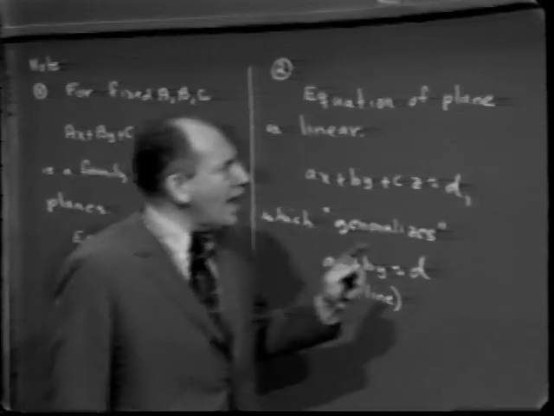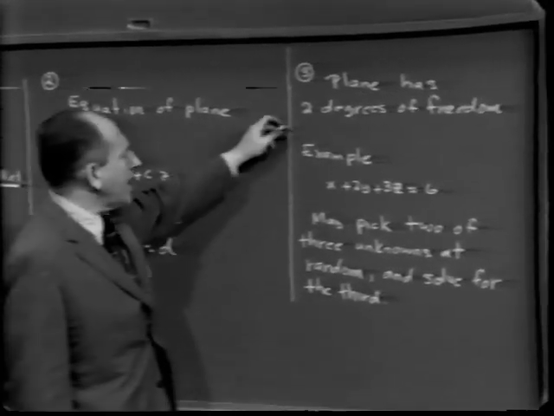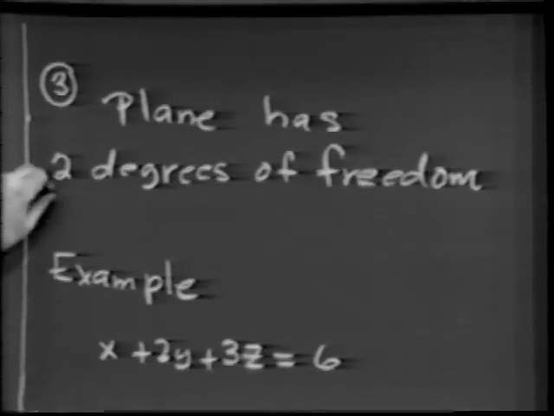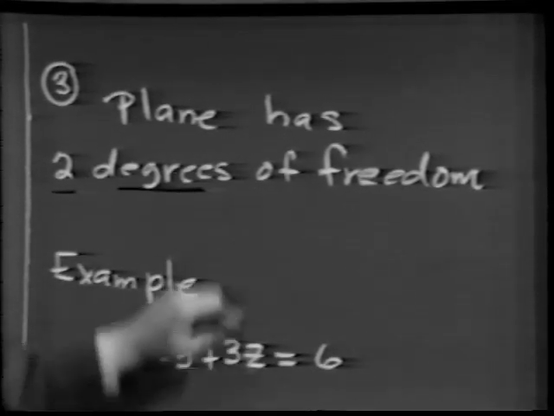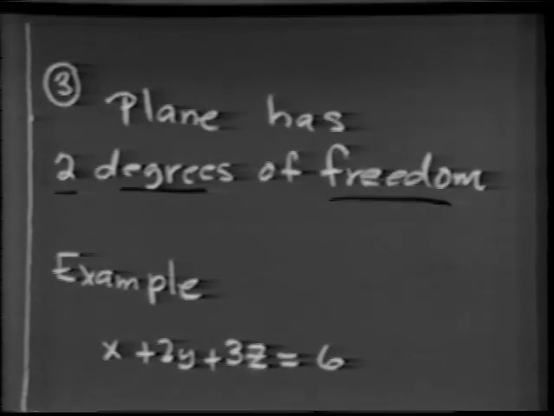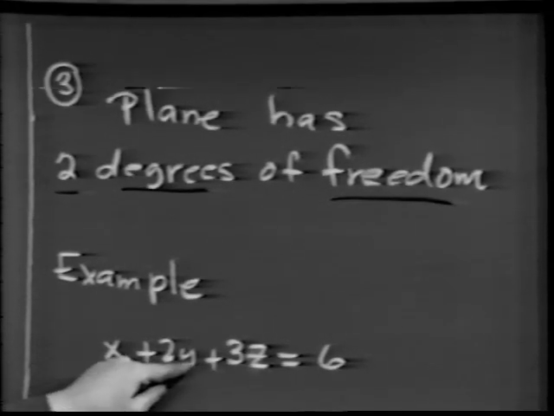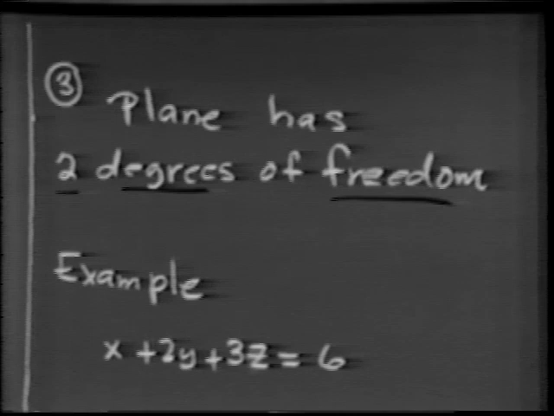What I want to emphasize, though, also, and we'll come back to this in very short order, is that a plane has 2 degrees of freedom. Meaning what? That in a plane, given the linear equation, you have what? One linear equation and 3 unknowns. It requires that you pick 2 of the variables before the rest of the equation is determined.